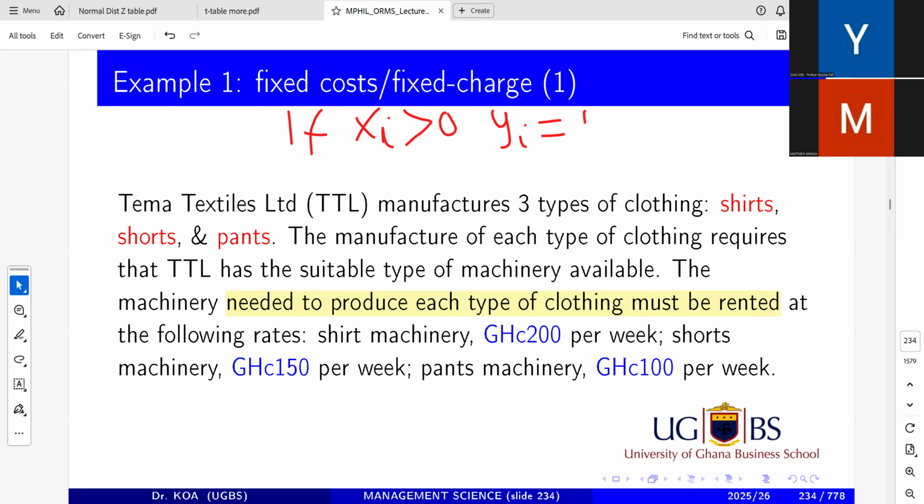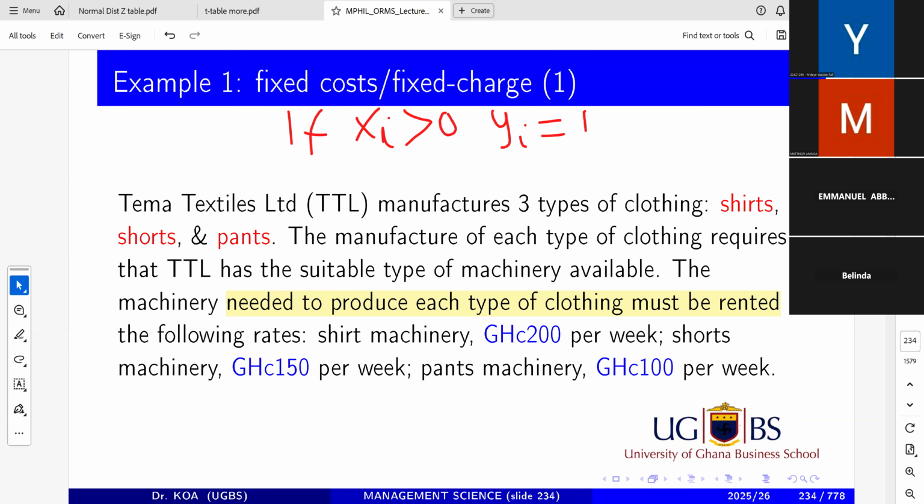Why? Because you actually need the machinery. The question said that for each type of clothing there is a suitable machinery available, and you can only use one machinery. You can't use more than one for each type of clothing. Yeah, but what does the one here mean? It means that you actually have to have the machinery.